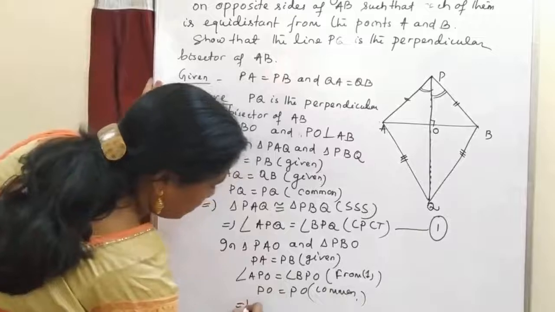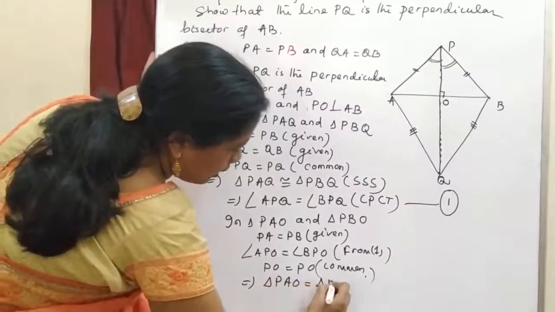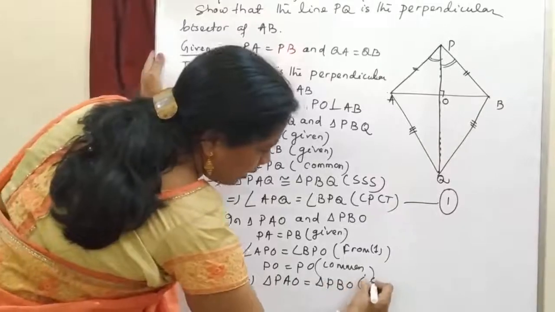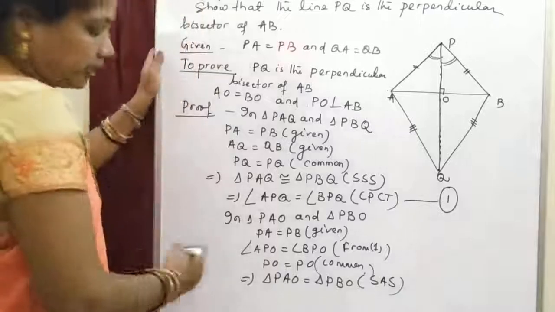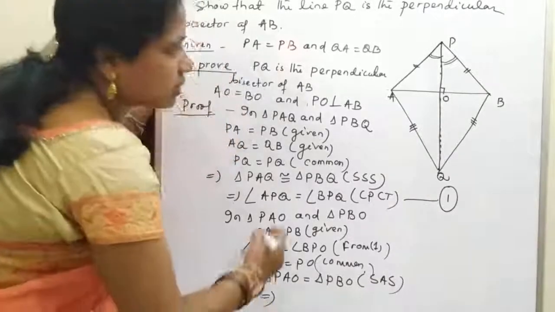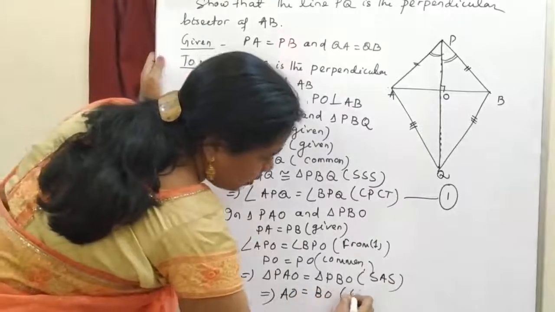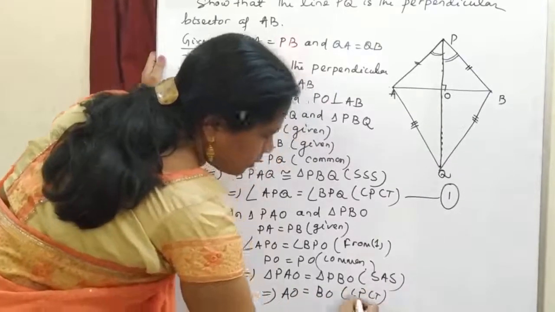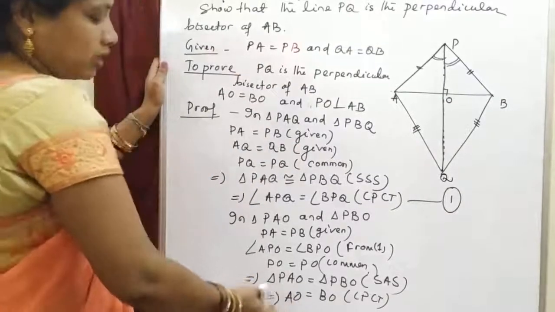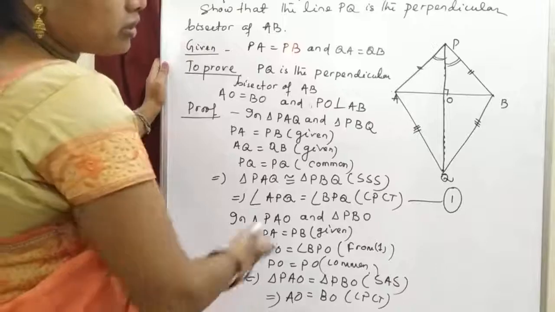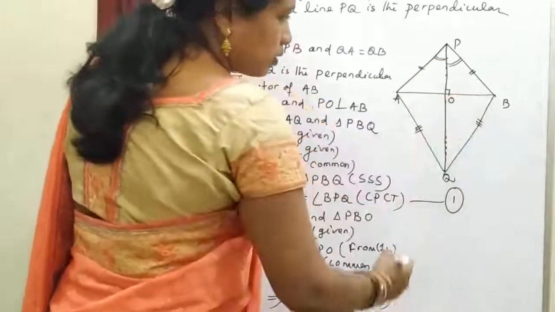So this implies triangle PAO is congruent to triangle PBO by SAS. Then this implies AO is equal to BO by CPCT, corresponding parts of congruent triangles. So the first one is proved, that PQ is the bisector of AB. Then we will prove PO is perpendicular to AB.